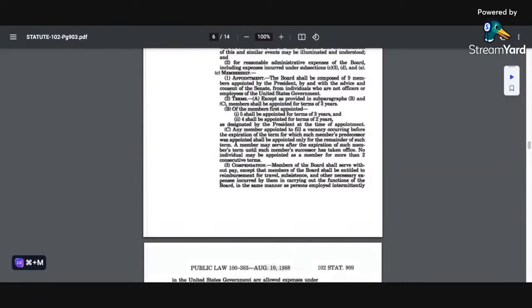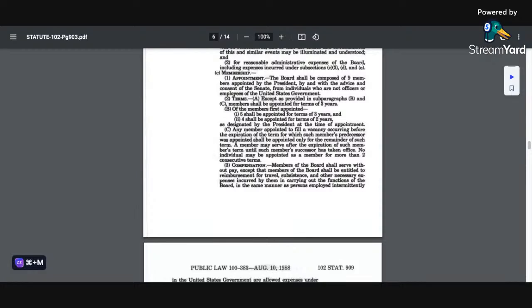C. Any member appointed to fill a vacancy occurring before the expiration of the term for which such member's predecessor was appointed shall be appointed only for the remainder of such term. A member may serve after the expiration of such member's term until such member's successor has taken office. No individual may be appointed as a member for more than 2 consecutive terms.